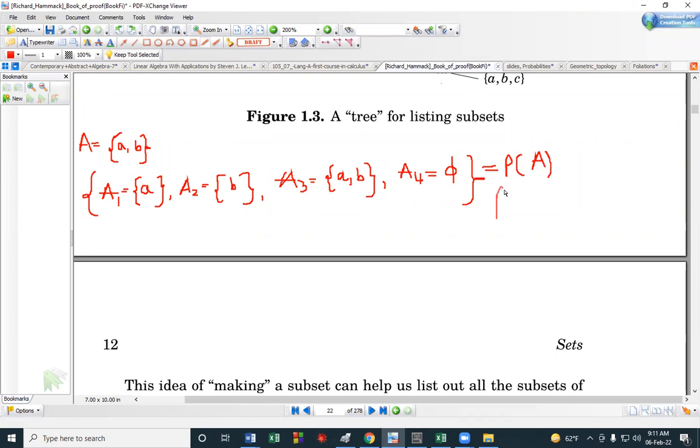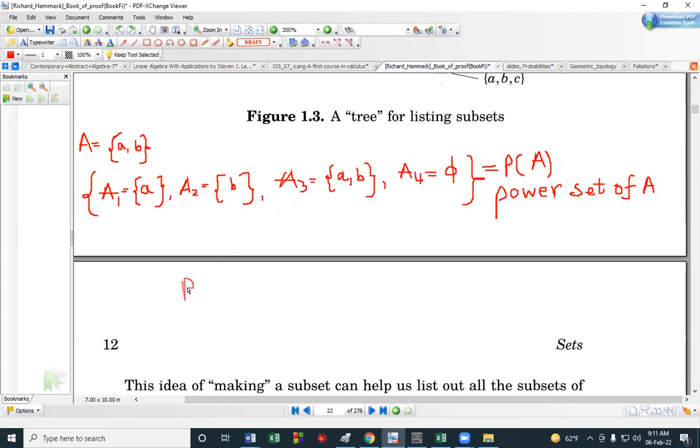Call it the power set, the set of all subsets of the set A. Not the set of all sets, which will take you to Russell's paradox.